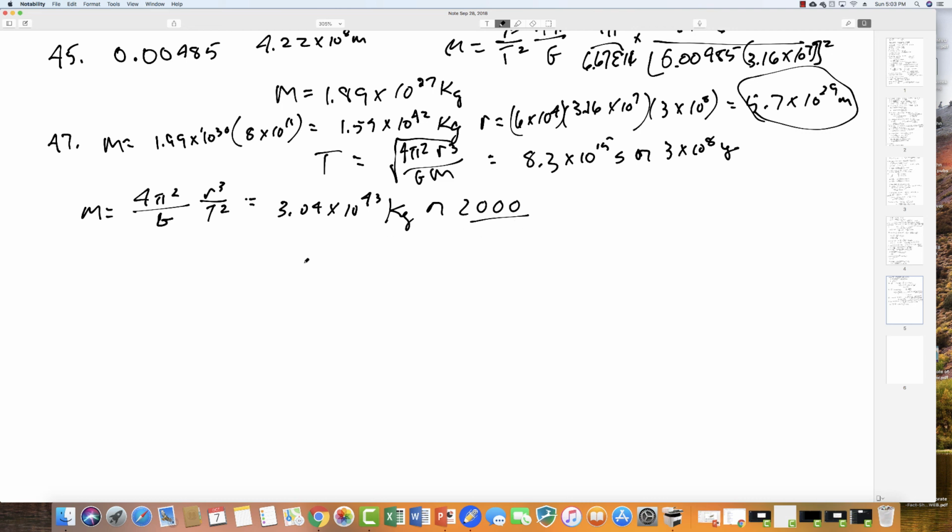So if you just change the period by the amount given, if we put 4 pi squared over 6.67 times 10 to the minus 11, and we put in the new period, which is 5.7 times 10 to the 20 cubed, and the new radius, and the period, which once you multiply this 6 times 10 to the 4 years with the seconds, you end up with 1.899 times 10 to the 15 seconds.